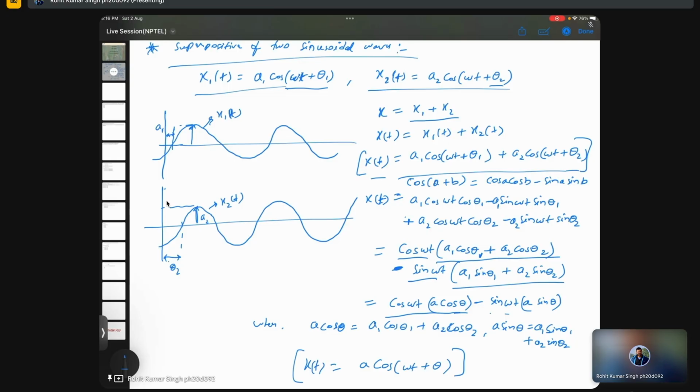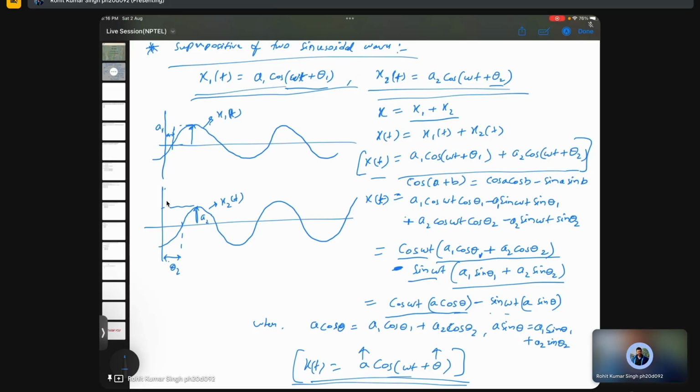So what you finally get after superposition of two waves is another wave, okay, with a different amplitude A and a different phase angle theta, okay.